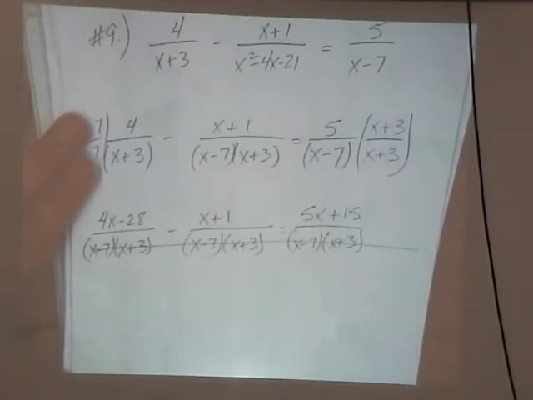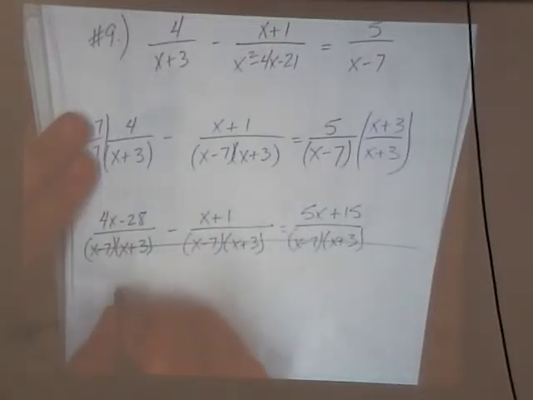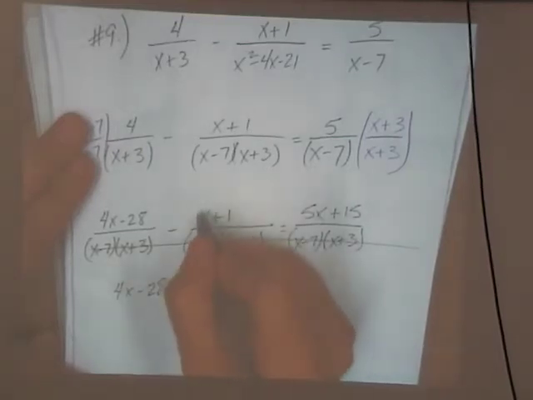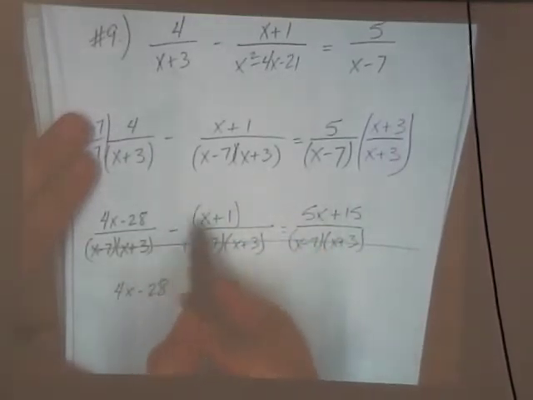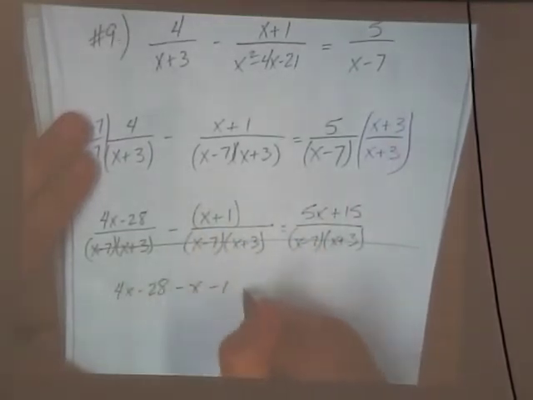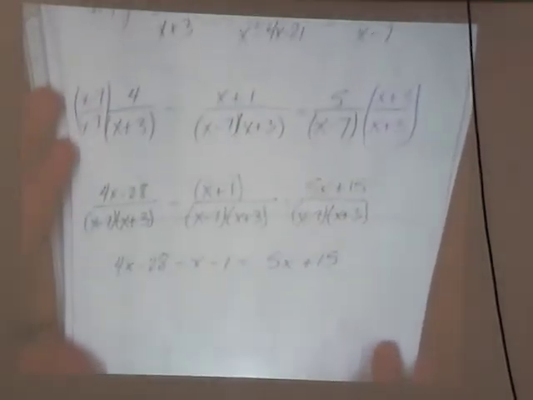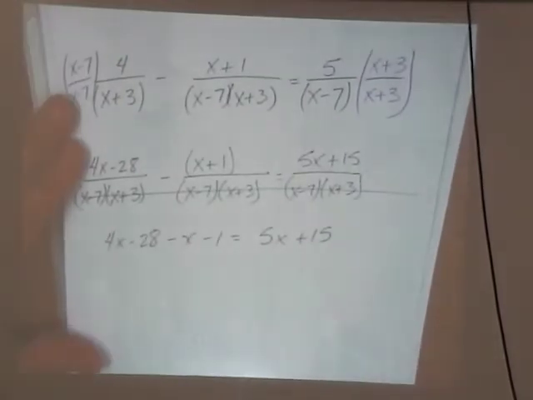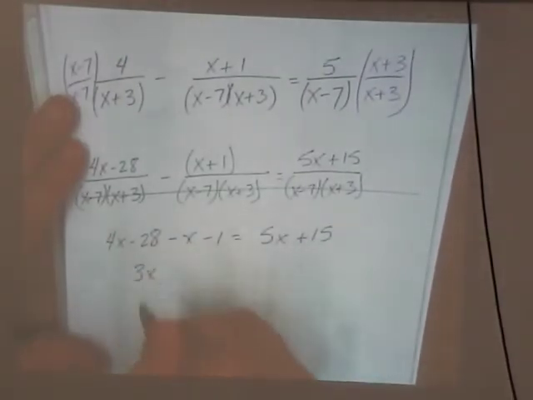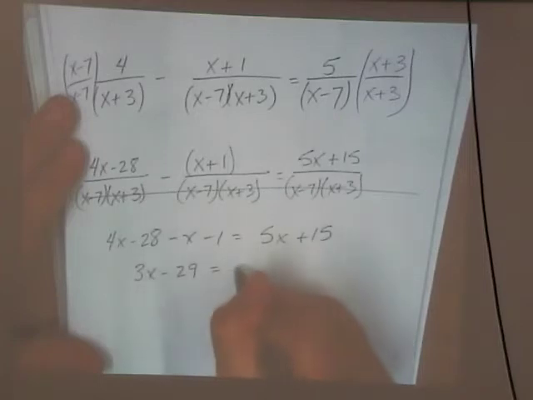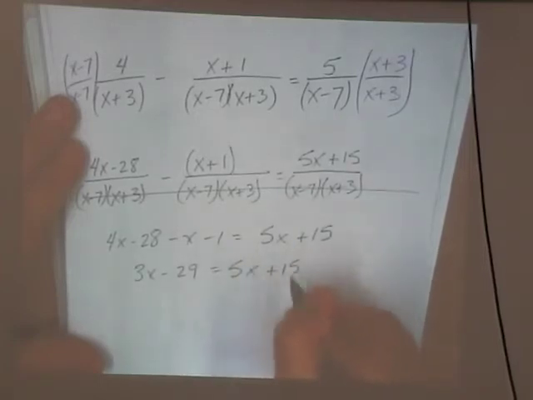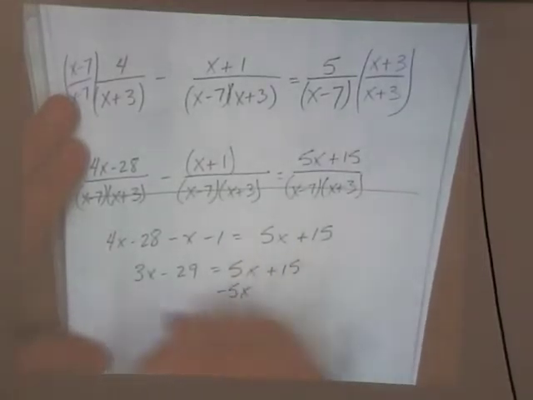Remember, that's only for equations. Right, so what we have left is 4x minus 28. Don't forget to distribute that negative. Minus x minus 1 equals 5x plus 15. Combine some like terms on the left. We have 3x minus 29 minus 5x, add the 29.